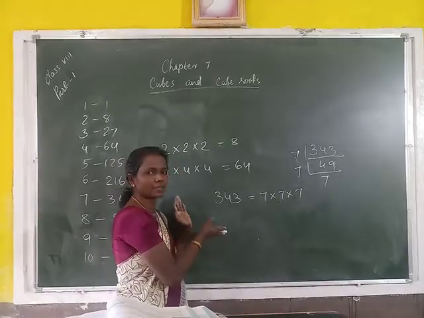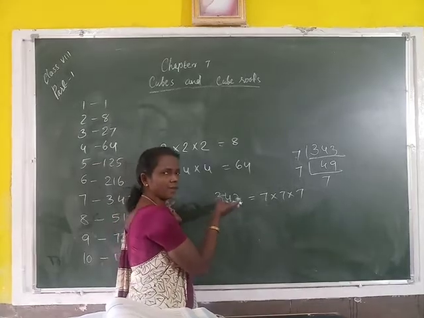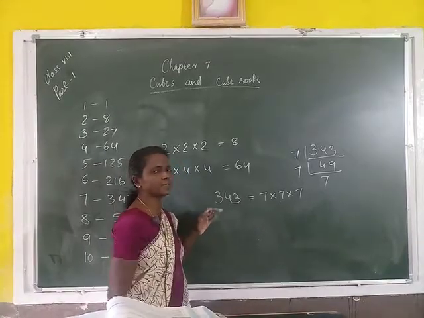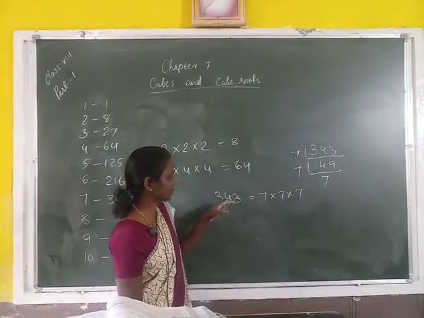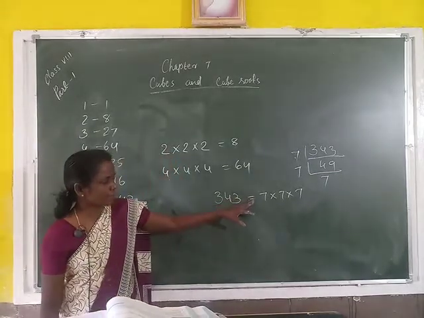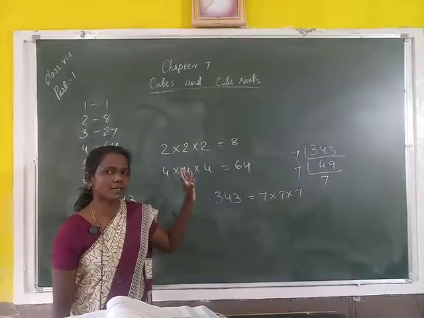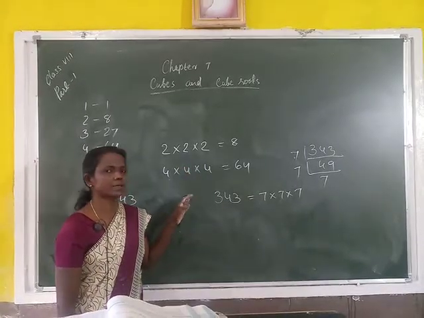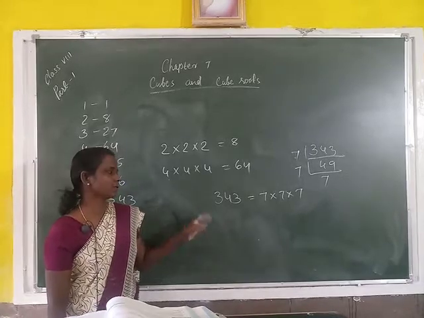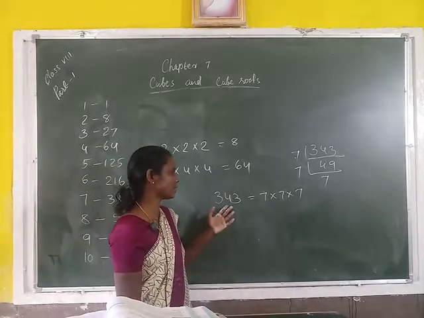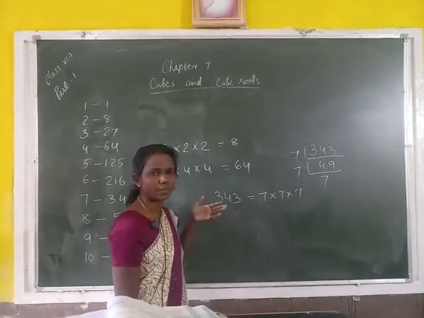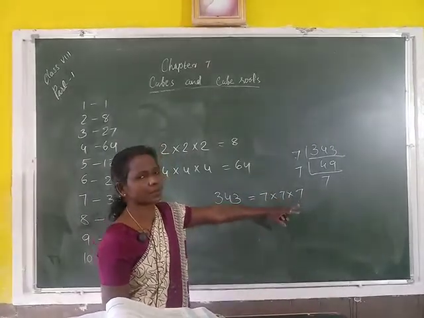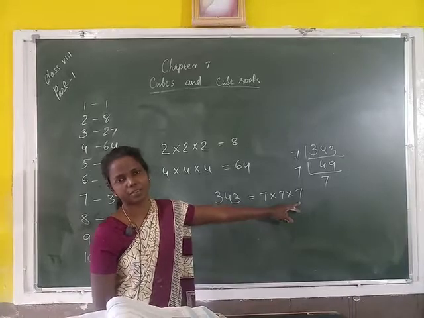After a number is given, then after the prime factorization, each factor appears how many times? 3 times. Then we can say that number is a perfect cube. If after the factorization each number does not appear in a group of 3, then that number is not a perfect cube.